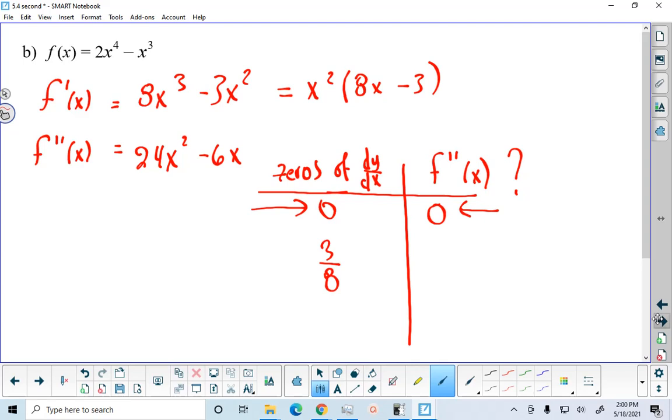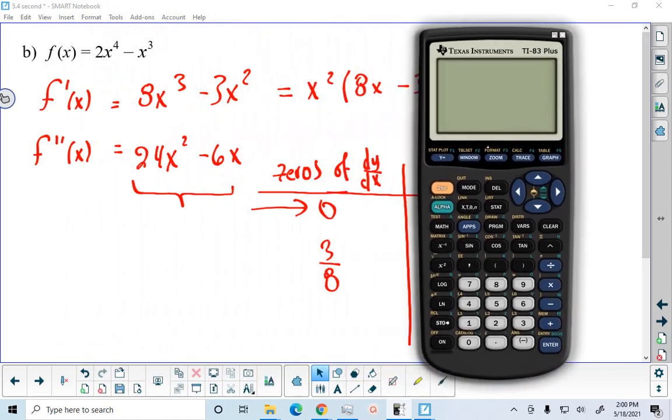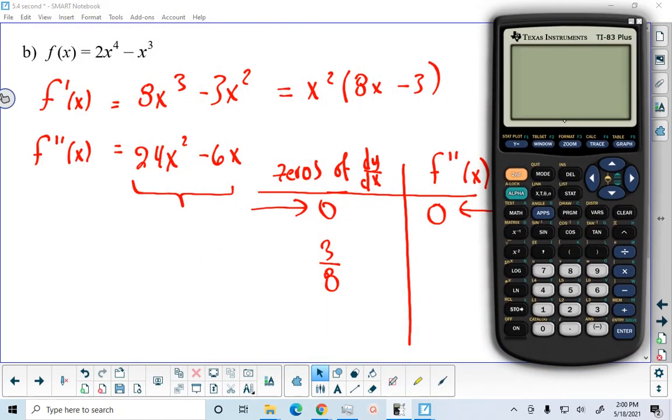When I put 3/8 in, I would recommend just crunching this on your calculator. Go ahead and put 3/8 in for x. 3/8, I believe, is 0.375. You get a positive number.